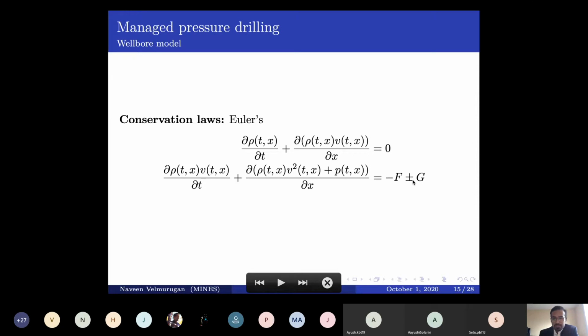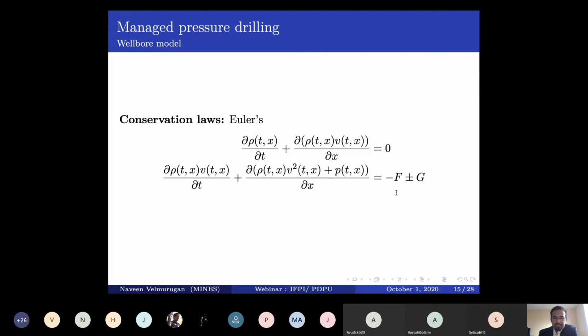It's a loss, so you will use a negative sign. But friction is always going to act against your direction of fluid flow, so you will always have a negative source term or a pressure loss out of friction, both for drill string and annulus.